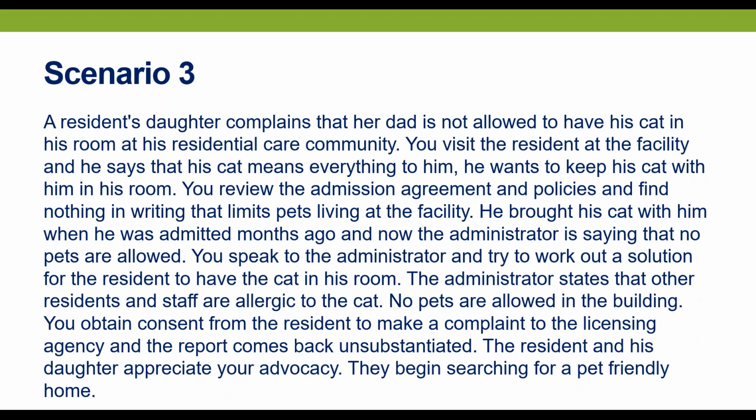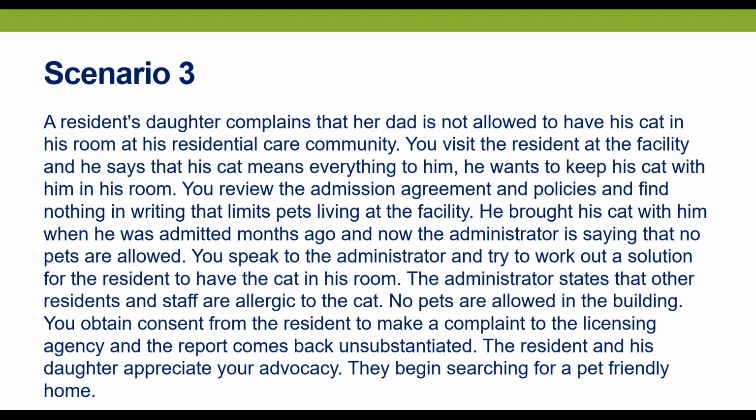Scenario 3: a resident's daughter complains that her dad is not allowed to have his cat in his room at his residential care community. You visit the resident at the facility and he says his cat means everything to him and he wants to keep him in his room. You review the admission agreement and policies and find nothing in writing that limits pets living at the facility. He brought his cat with him when he was admitted months ago, and now the administrator is saying that no pets are allowed.